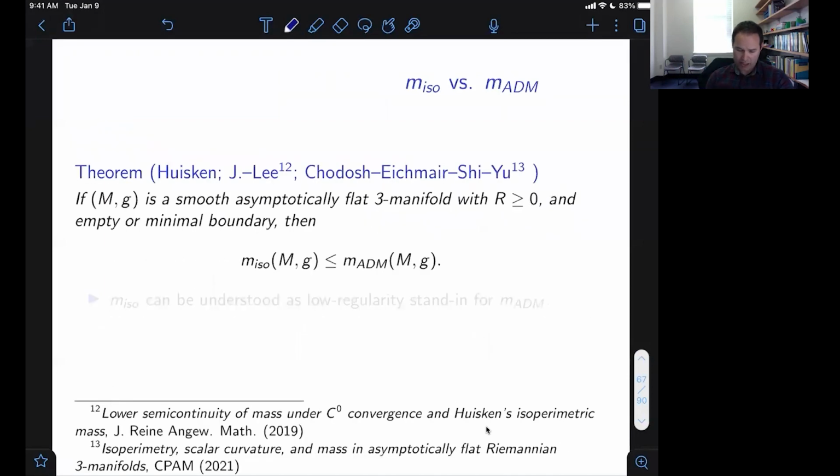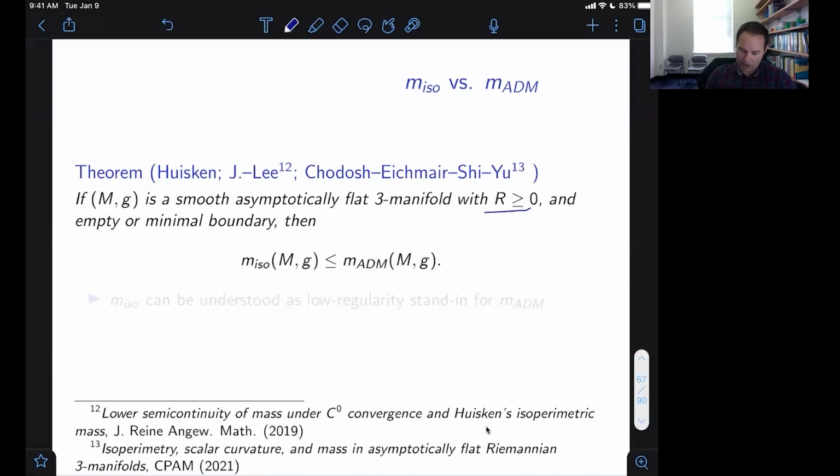The other direction is a bit more subtle. This requires non-negative scalar curvature, but you get an inequality for the other direction. The result here with Lee builds on ideas of Huisken and really rigorizes his approach.